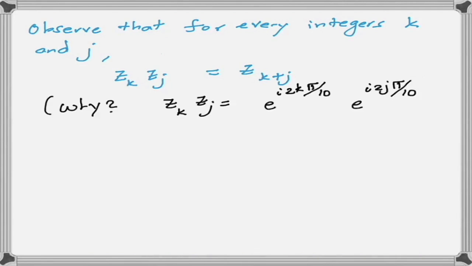By the laws of indices, this is equal to e to the power i 2(k plus j) pi by 10. This is equal to Z(k plus j) by definition.